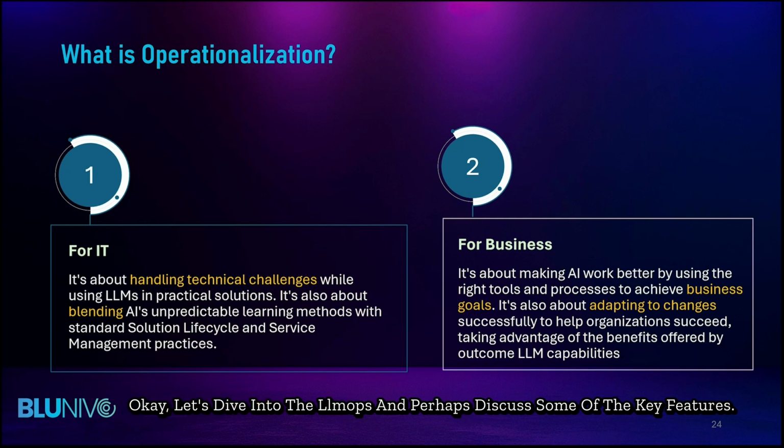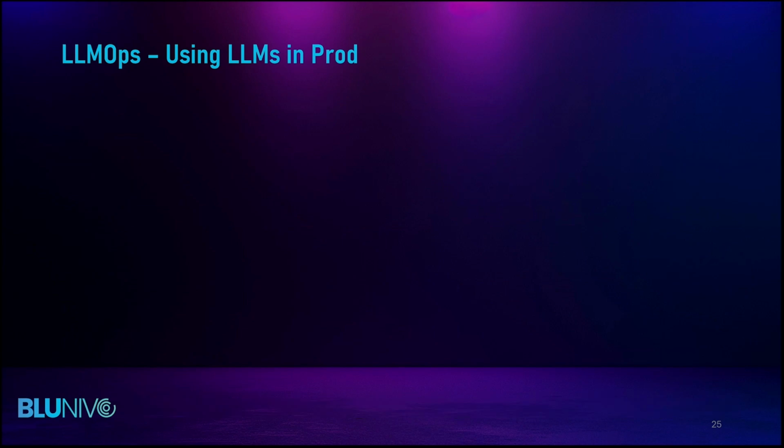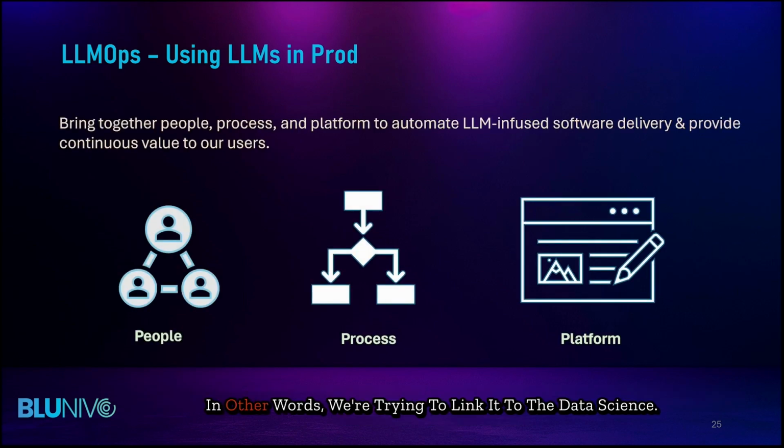Okay, let's dive into LLM ops and perhaps discuss some of the key features. Before I do that, I'll go back to MLOps first. In MLOps, what we're doing is aligning people, processes, and platforms across the organization. In other words, we're trying to link IT to data science. And you probably ask, what is the goal here?